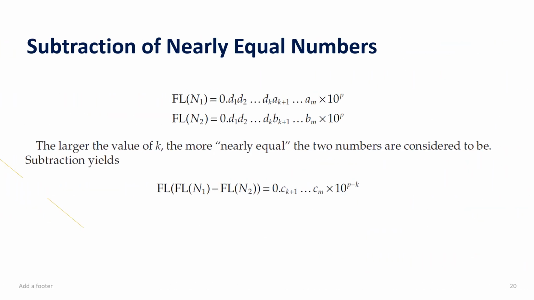A common example of the problem in subtracting two numbers that are almost equal is subtracting 10 to the power of minus 20 from 10 to the power of minus 10. It will result in a very small number, but in floating point arithmetic, this number will be rounded to 0.